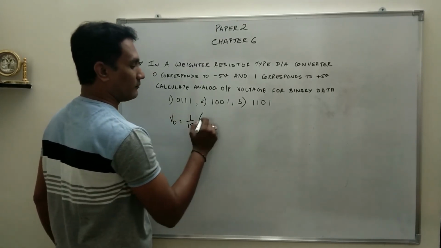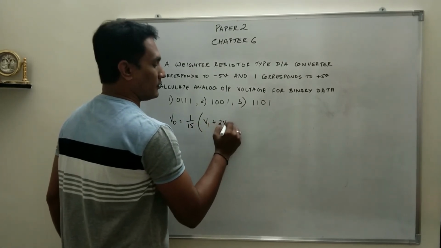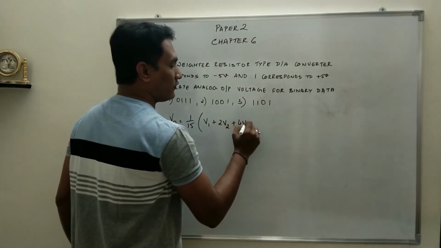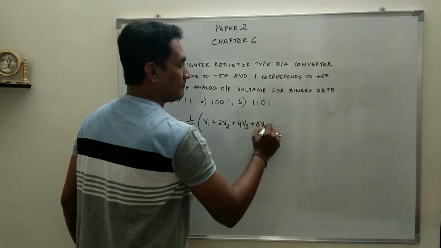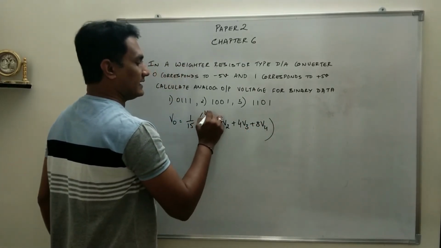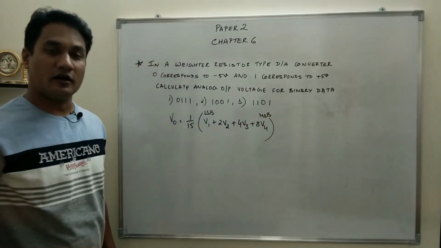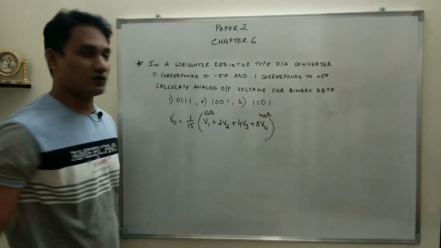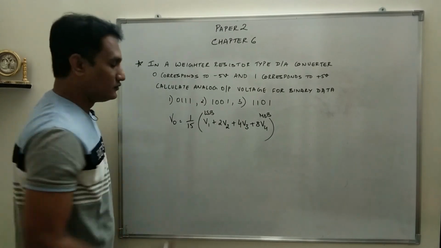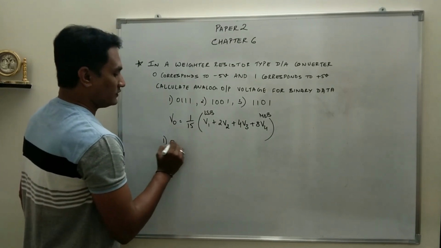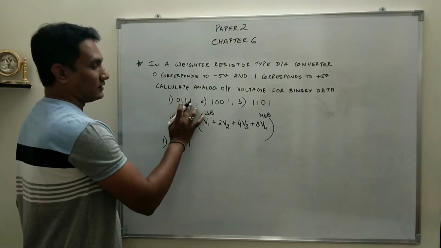V0 is equal to 1 upon 15 (V1 + 2 V2 + 4 V3 + 8 V4), where V1 is LSB, V4 is MSB. Make a habit of writing this LSB and MSB so that there should not be any confusion.